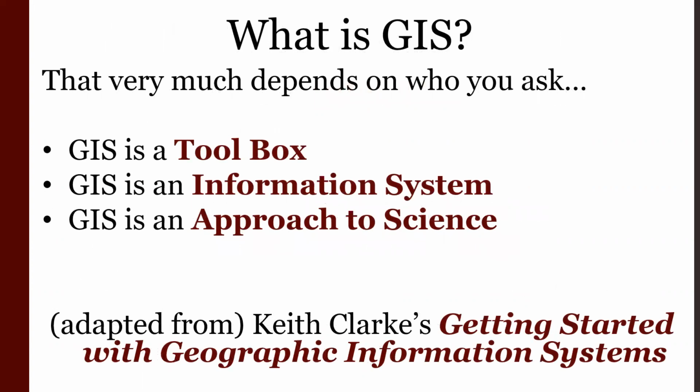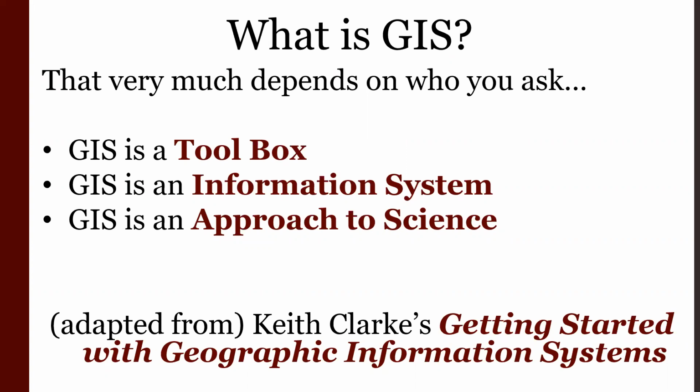Because again, GIS is an abundance of concepts. GIS contains an abundance of constructs. It could be a toolbox. Oh, here's the tool I need to understand the slope of this elevation. I'm going to run the tool and take that information away. GIS is an information system.